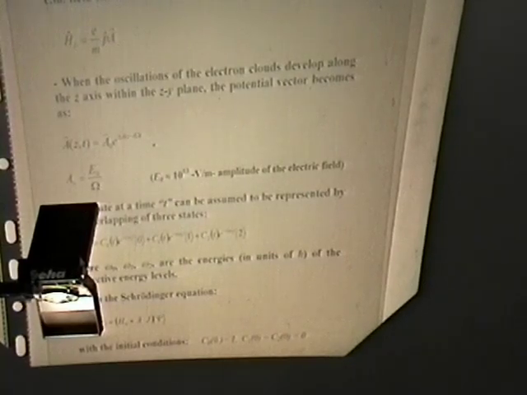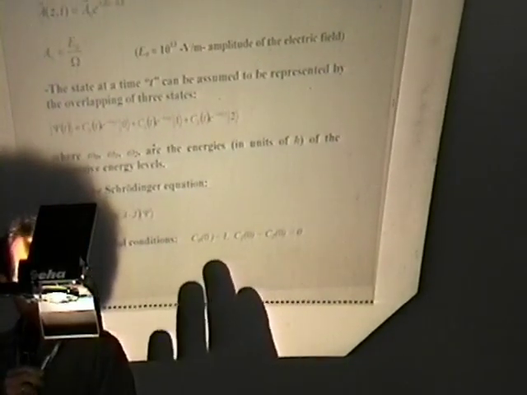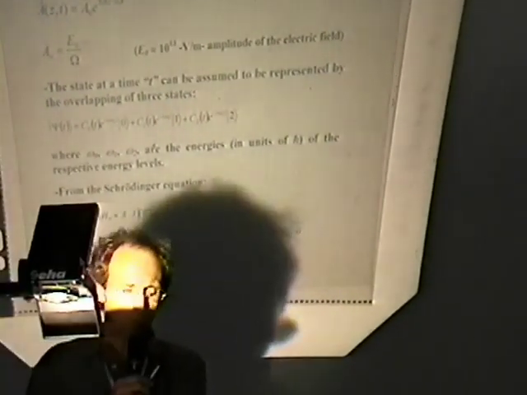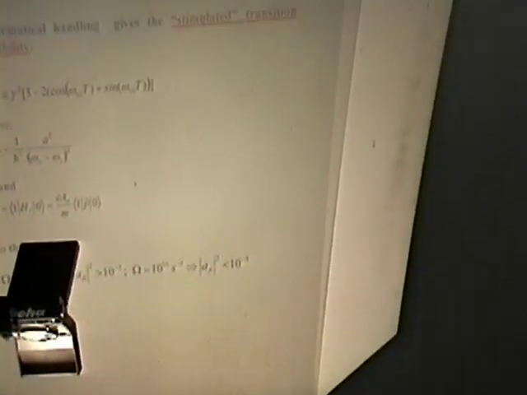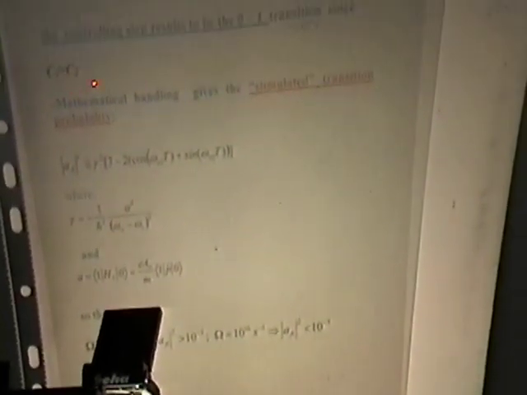And from the Schrödinger equation, with proper initial conditions and some mathematical handling, we find again what Giuliano found, that the controlling step is the 0-1 step, because C1 is 4 orders of magnitude larger than C2. The mathematical handling gives the stimulated transition probability, a function of this omega 0 value, of the interaction time, and of the matrix element, of course.